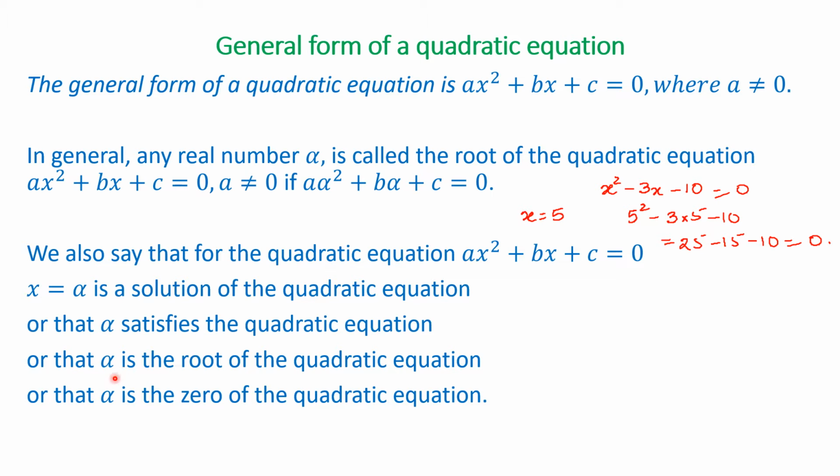I can either say x is equal to alpha is the solution of the quadratic equation, or I can say that alpha satisfies the quadratic equation, or I can say alpha is the root of the quadratic equation, or I may also say alpha is the 0 of the quadratic equation.